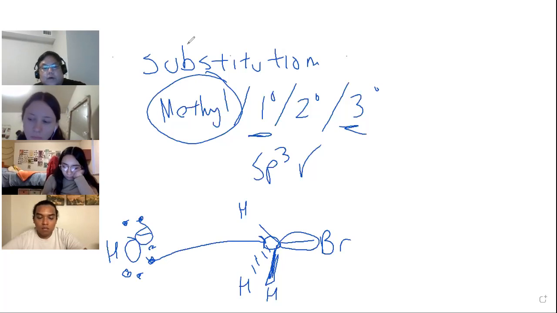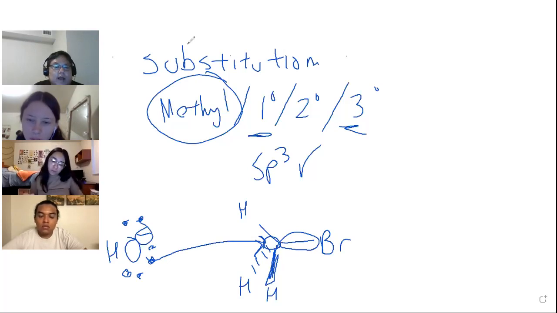So what is going to rear its ugly head? What's around it right now? There are hydrogens. Are hydrogens big or small? Small. What happens though if I start replacing hydrogens with methyl groups?